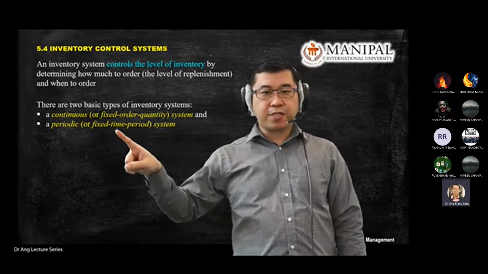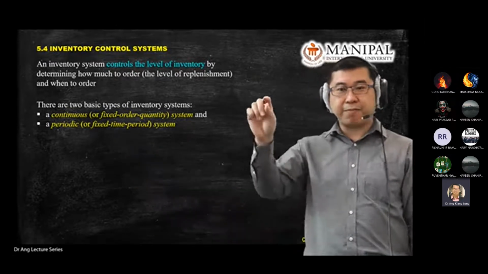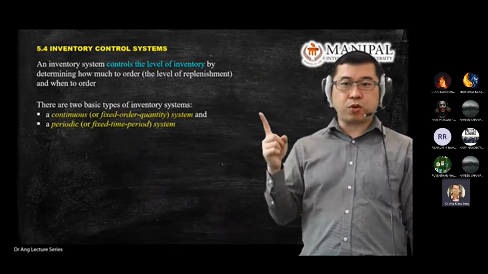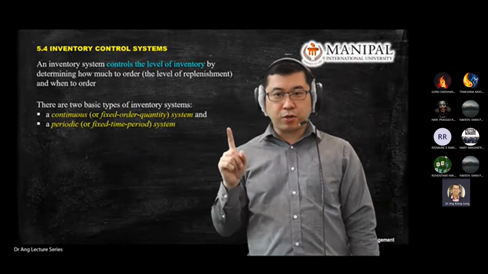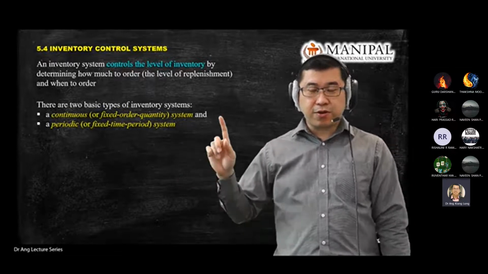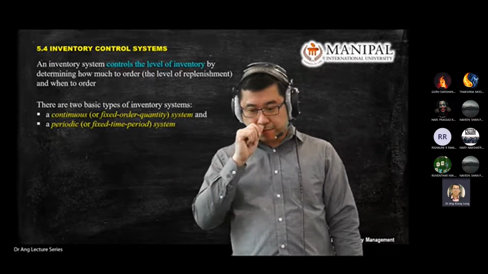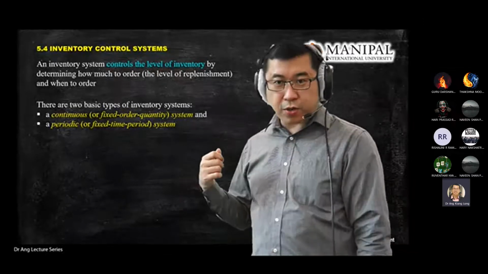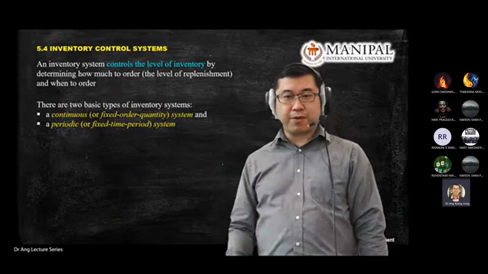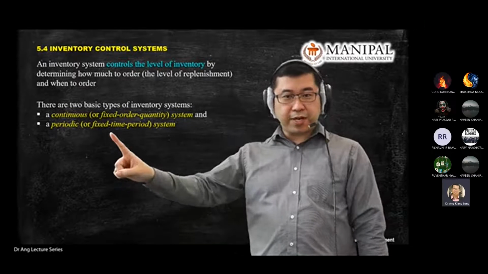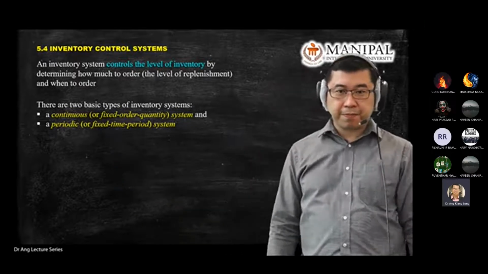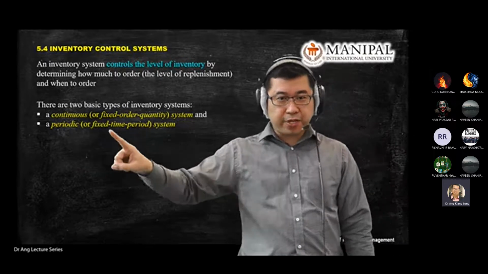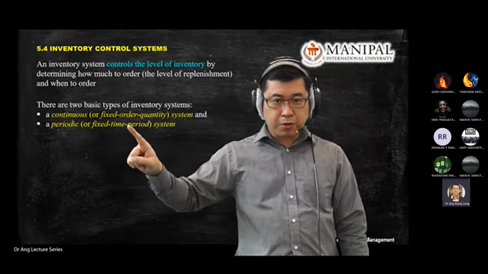Second one, fixed time period. Fixed time period focuses more on time. It doesn't care how many numbers you have in the inventory. After 1 week, you auto reload like that. Like some of you, if you use an auto debit system to update your mobile data, it falls under fixed time period. If it falls under periodic, it focuses more on time.